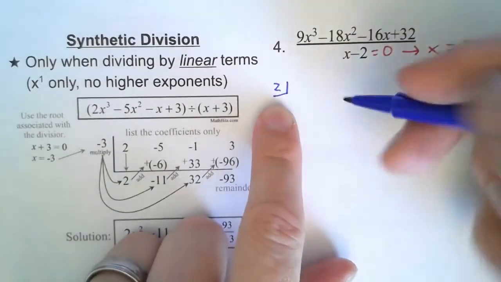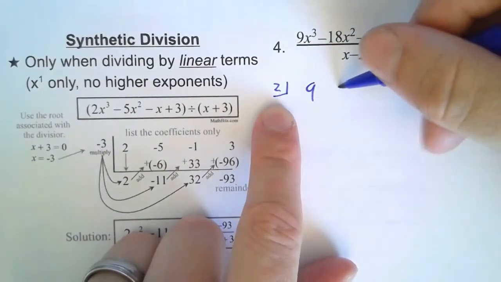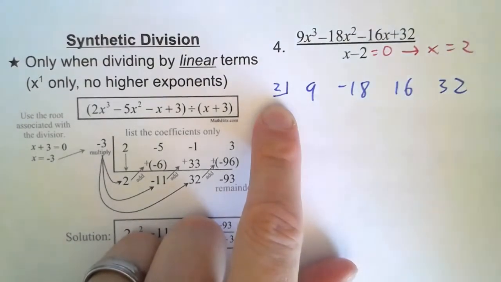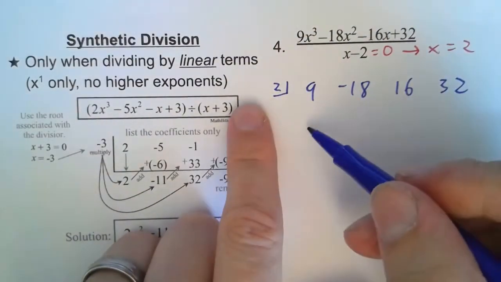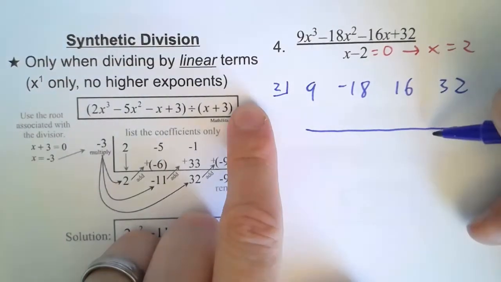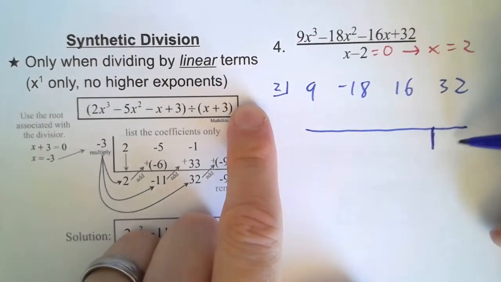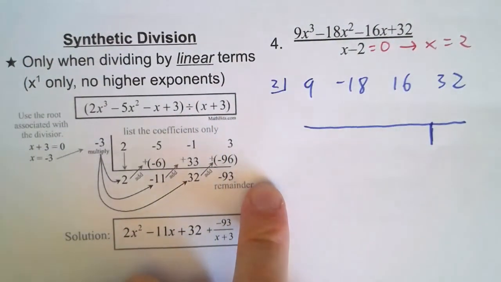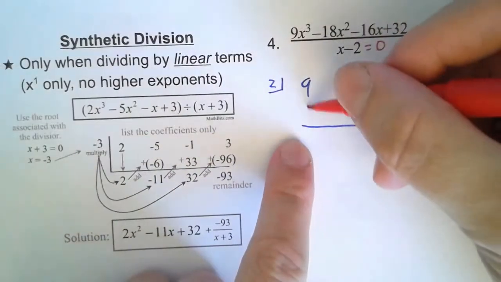And then I'm just going to take these coefficients: 9, -18, 16, 32. And then we're going to put a line down here. I also put a little line here because this one's my remainder, so I put a little line to separate my remainder. Okay. So then the first number just gets dropped down.